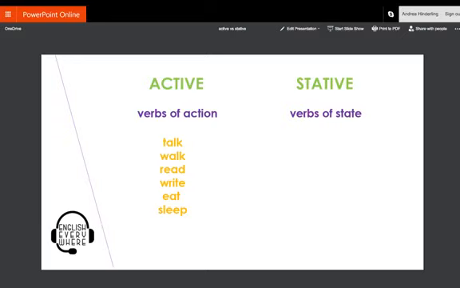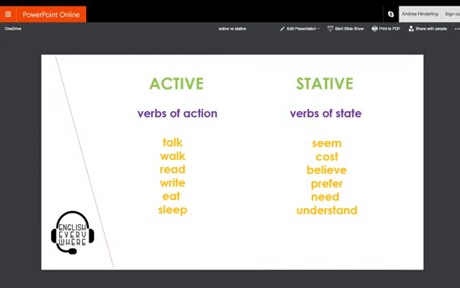So some examples are seem, cost, believe, prefer, need, and understand. So those are verbs that are examples of verbs of state. And what does that mean?